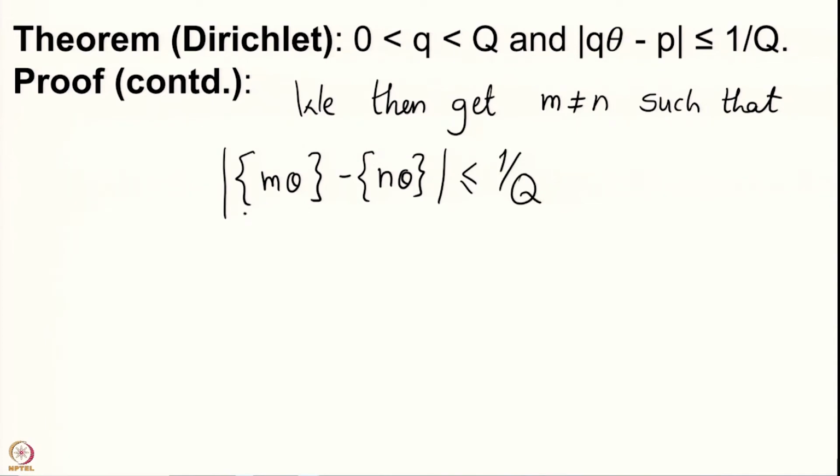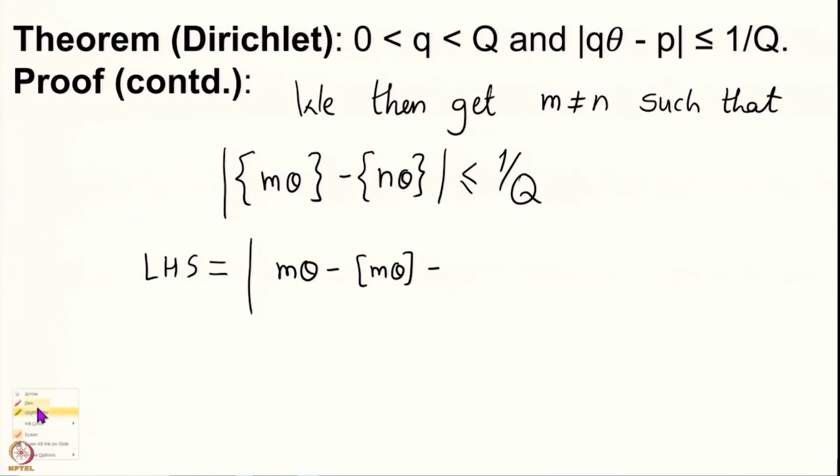And if I now explain this notation, the left hand side has the fractional part, which is nothing but m theta minus the integral part of m theta, and then I have n theta minus the integral part of n theta, which will now become plus.